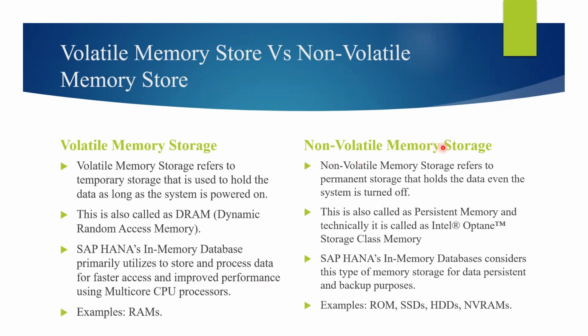And if there comes a scenario where data should be held for a long time as a backup, then we go for non-volatile memory storage. An example of volatile memory storage is RAM. Some examples of non-volatile memory storage are ROM, SSDs, HDDs, and NVRAM. NVRAM stands for non-volatile RAM.